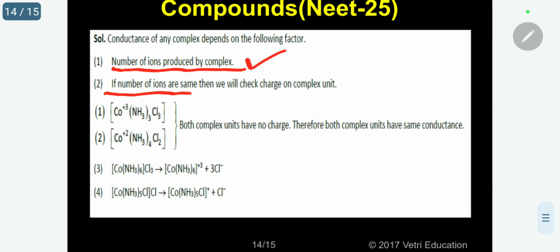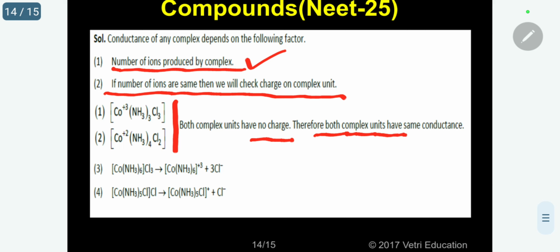If the number of ions is the same in both cases, then we have to go for the charge of the complex. For example, [Co(NH3)3Cl3] and [Co(NH3)4Cl2]. In this case, both complexes have no charge.